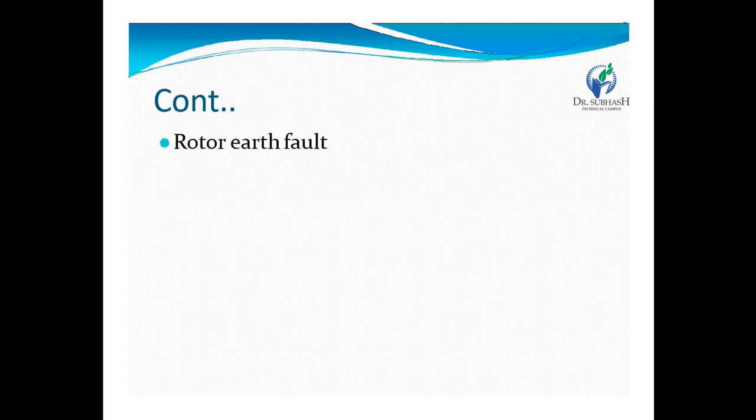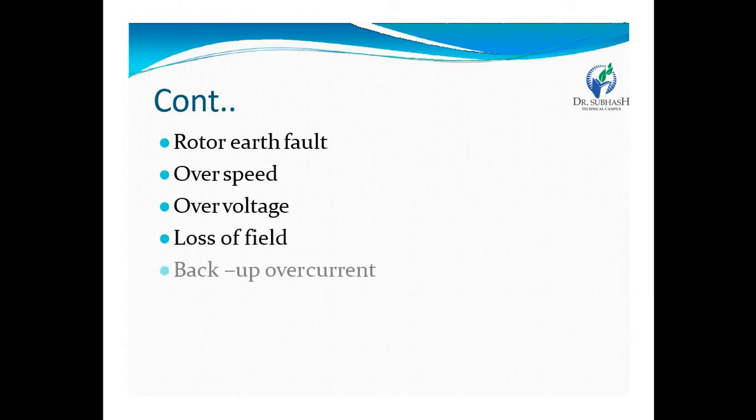Then rotor earth fault, overspeed, overvoltage, loss of field, and backup overcurrent. These are all protection schemes associated with the generator, and the generator is the heart of our generating plant, so highly sensitive and costly protection schemes are applied.